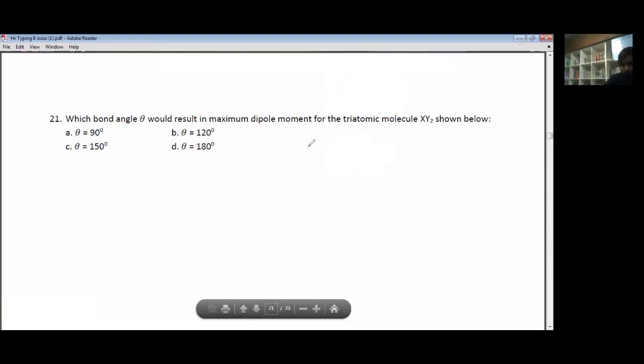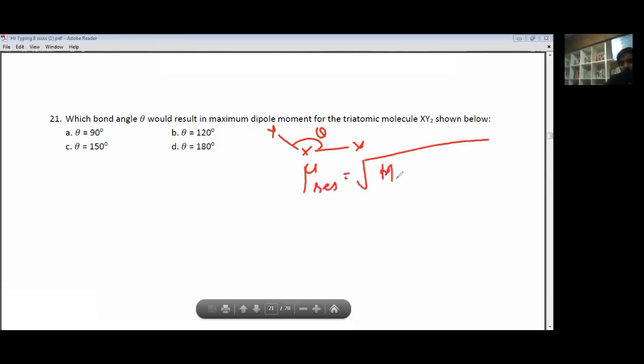If the bond angle is theta, in a molecule like XYY, the resultant dipole moment is the root of mu1 square plus mu2 square plus 2 mu1 mu2 cos theta. So the value of the dipole moment depends on cos theta.